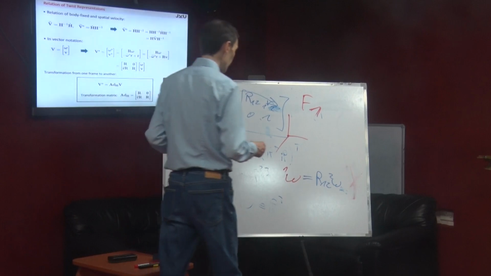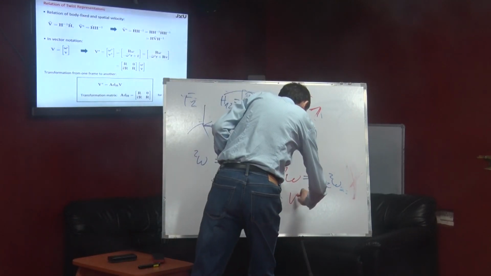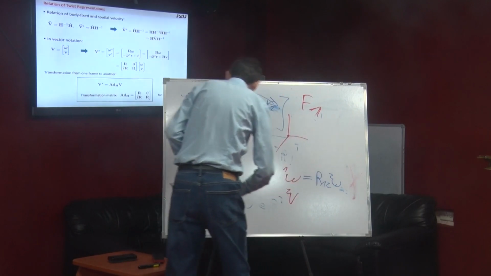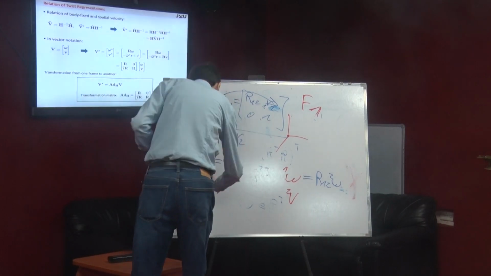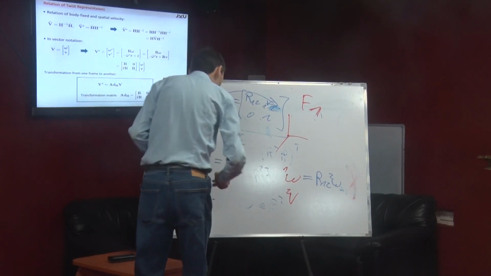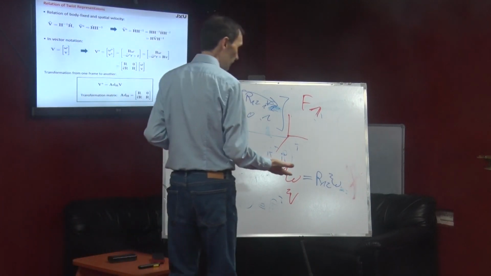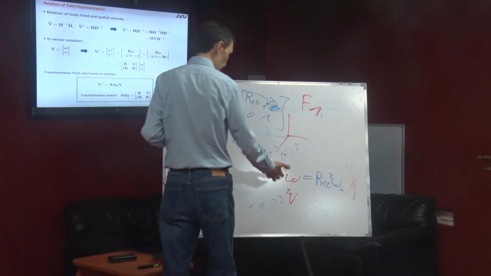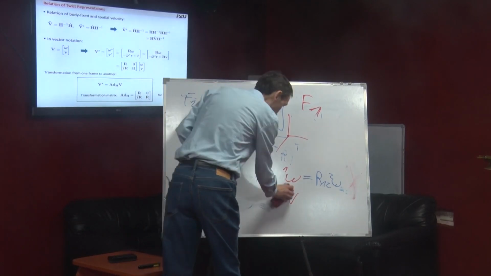How does the linear velocity, when I have it in the one frame, how does it change to the one in the two frame? And this is where we get some additional terms. Because now you get V1.